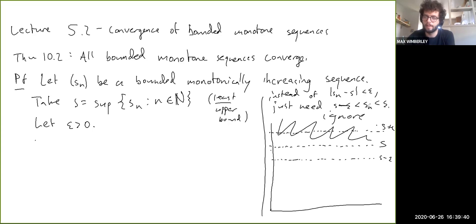So we just need to get Sn in between S minus epsilon and S. That's enough, because obviously that forces this to be true. But we don't have to worry about dealing with the absolute value. We can just make this be true instead. It's better to think about it this way.